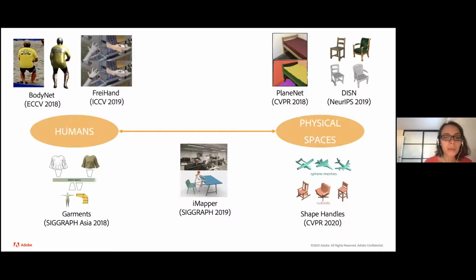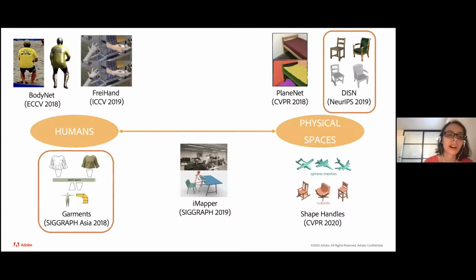And today I will be talking about two specific research projects in this space, one focusing on garment design and the other one more general single view reconstruction. So yeah, with that, let's first start with the first project.